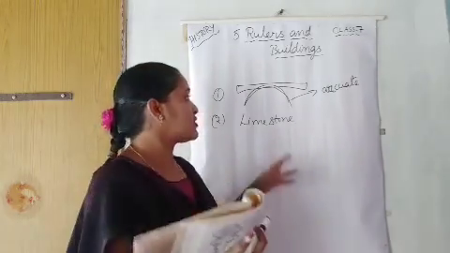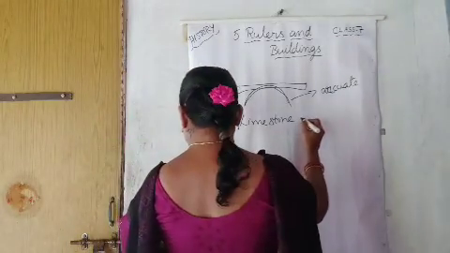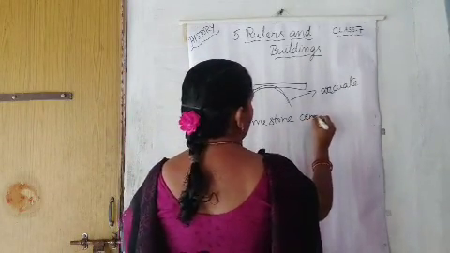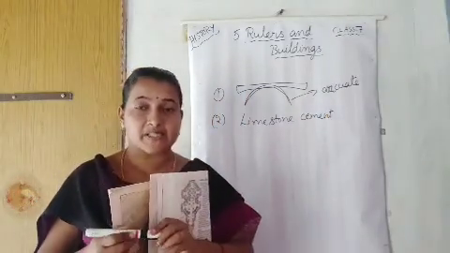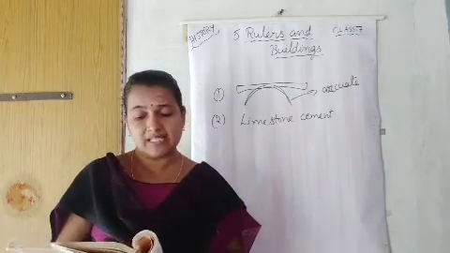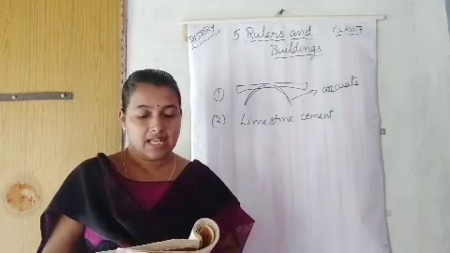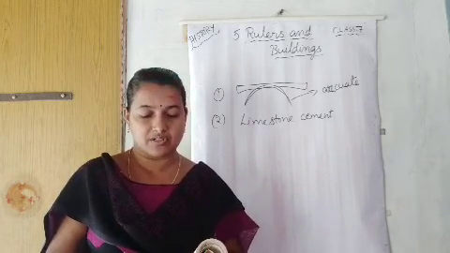So this we should call limestone cement. When this was mixed with chips, it will harden and become a strong hard cement, concrete. This made construction of large structures easier and faster.